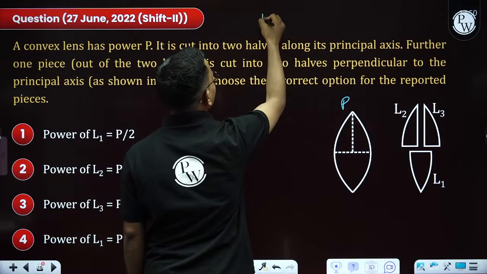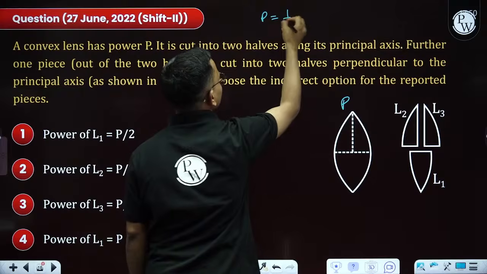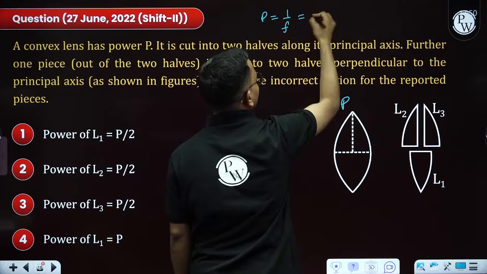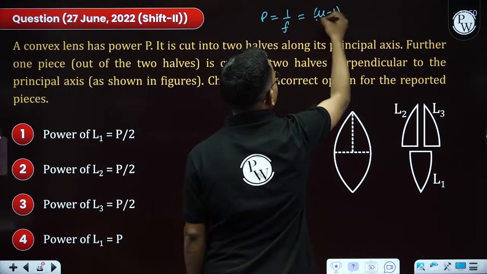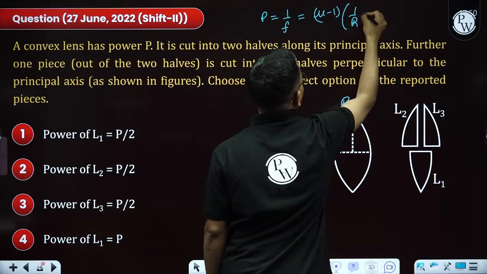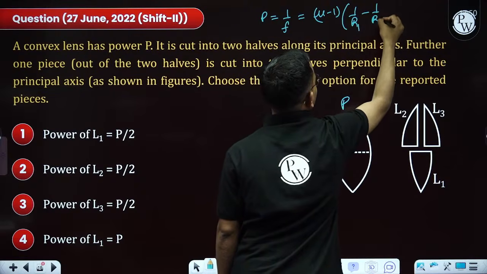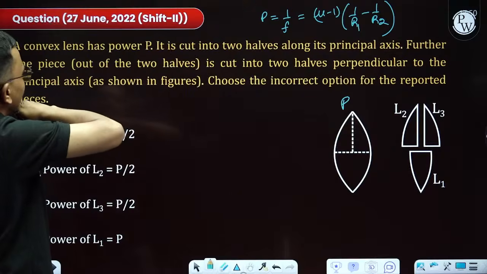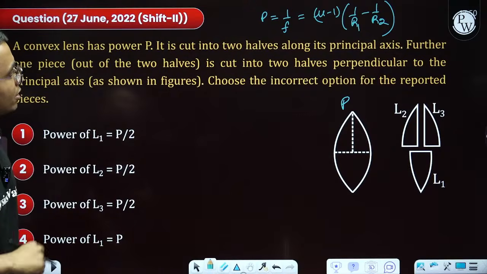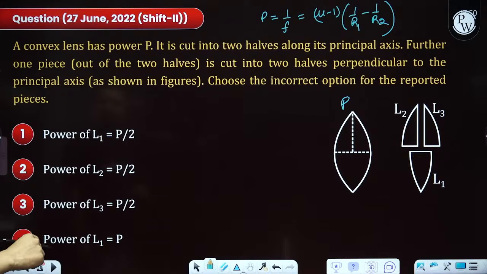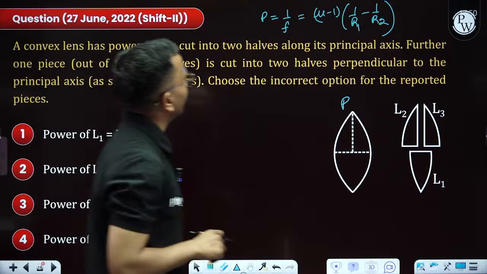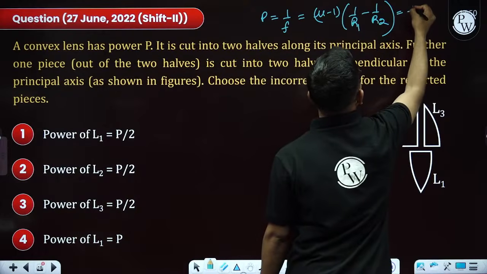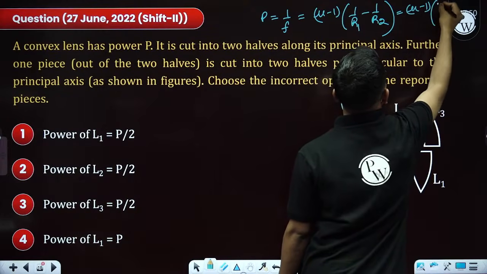We write power is equal to 1 by focal length, and this is equal to mu minus 1 into 1 by R1 minus 1 by R2. This is how we write. I think this is an equiconvex lens, so this will become mu minus 1 into 2 by R.